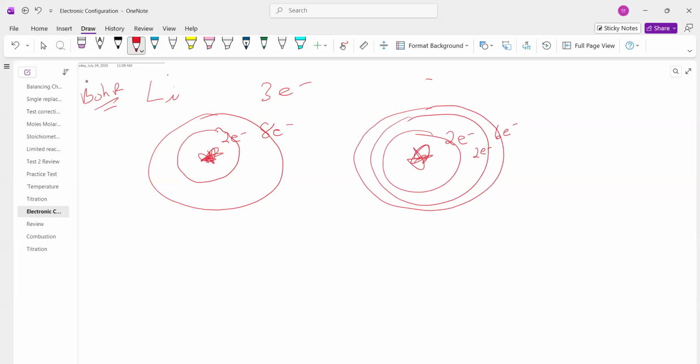That's why the innermost orbital is most stable. Once that is full, we go to the next one out, and so on. So we've got 3 electrons. We're going to put 2 electrons in the innermost orbital, and then we have 1 left over, so that's going to go here.